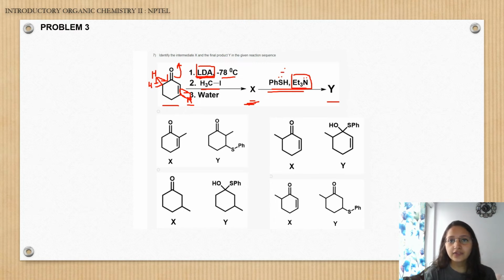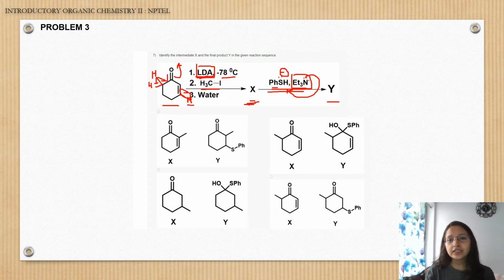Now this nitrogen has the lone pair of electrons, and PhS minus is the species getting generated. Why? Because this nitrogen will abstract a proton from the hydrogen of the PhSH. So this thiol H is now taken up by the triethylamine, and a sulfur negative charge is getting generated here, which is delocalized in the system of phenyl.